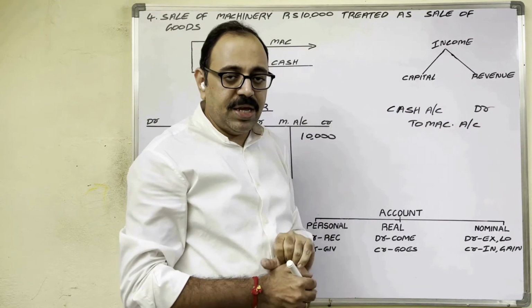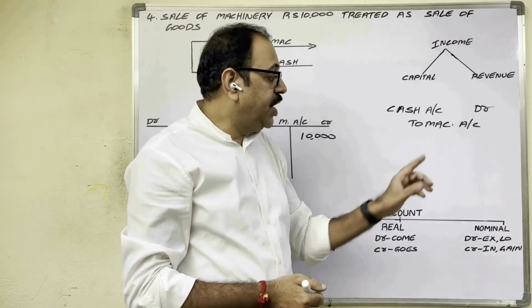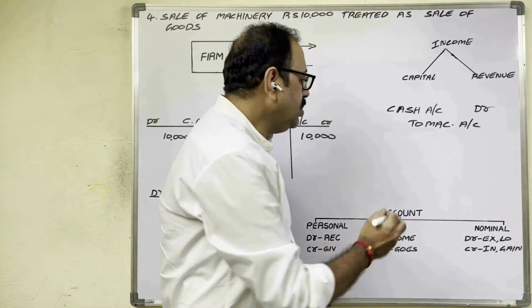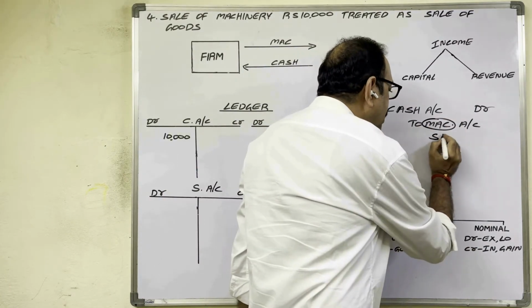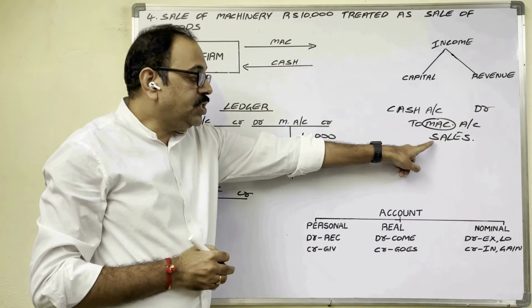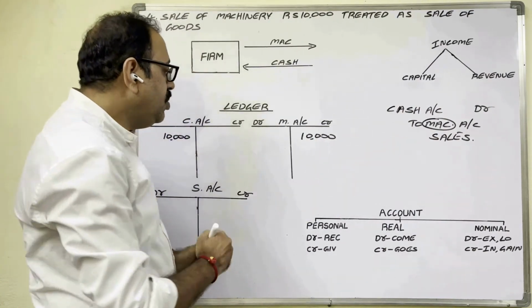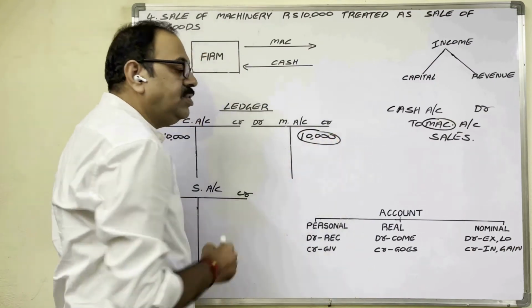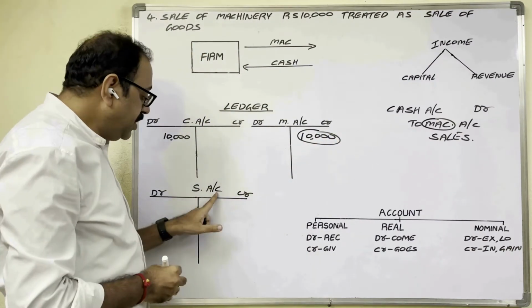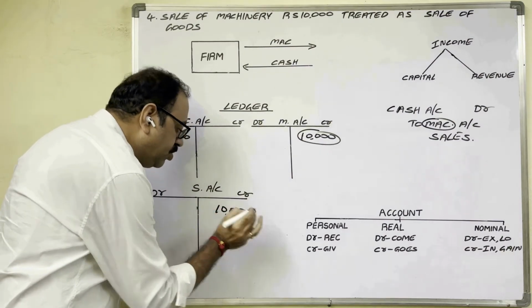Actually, this is capital income, but the accountant wrote this as revenue income. Instead of crediting the machinery account, the accountant credited the sales account. Then, according to this wrong entry, cash account debit to sales account: nothing was credited in the machinery account, and unnecessarily in the sales account they credited this 10,000 rupees.